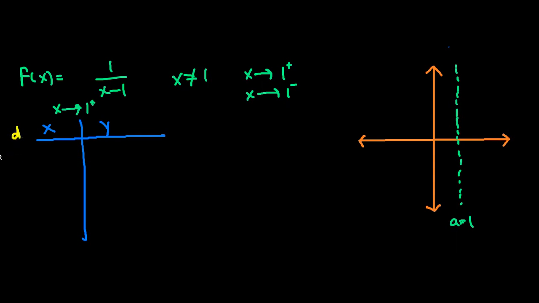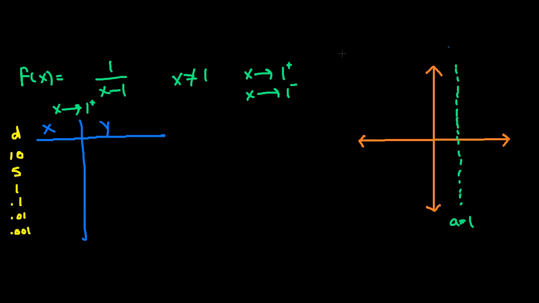I'm going to find out what the function value is at various distances from a. So let's pick a few distances. Let's say I want to find the function value when I'm 10 units away from a, when I'm 5 units away, when I'm 1 unit away, when I'm 0.1 units away, 0.01 units away, and 0.001 units away.